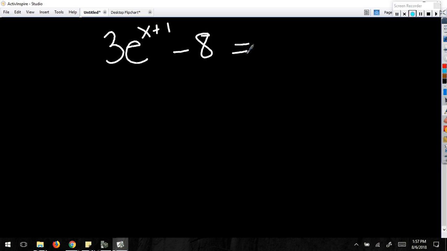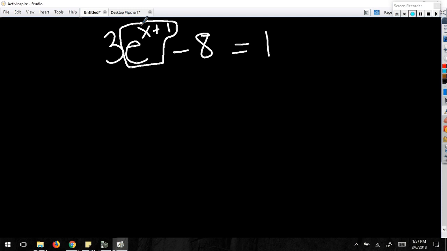So I just want to show you one more example that's maybe got an e in it in case you haven't seen the e function. And maybe it's even got a little extra something up here in the exponent. So again, I'm solving an exponential, so I want to isolate that exponential piece. This is my exponential piece.